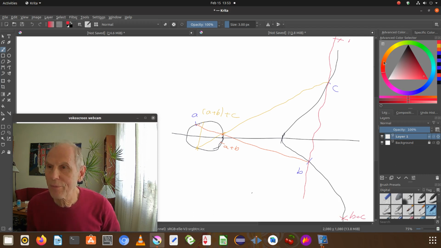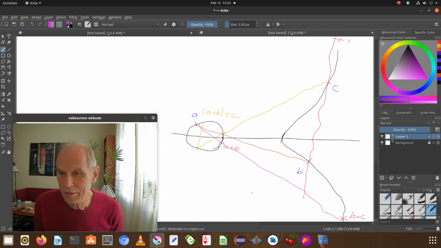And then we have to add A with B plus C. It intersects here, so it's up here.